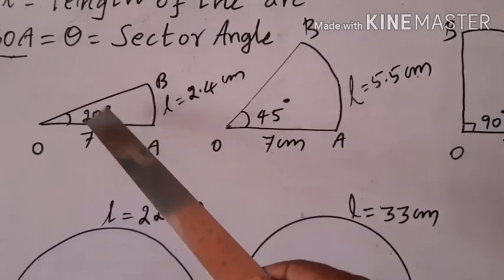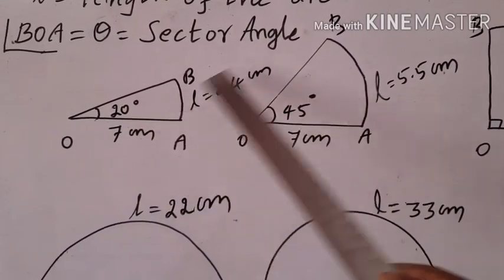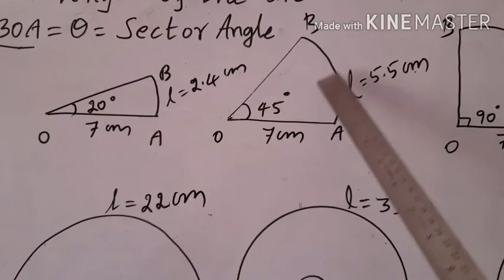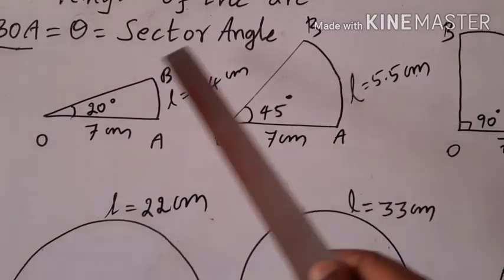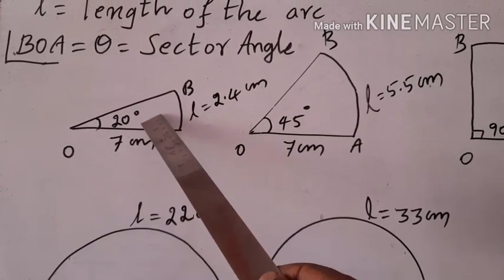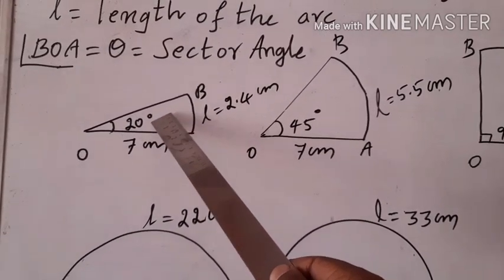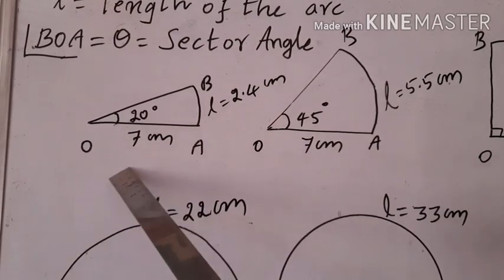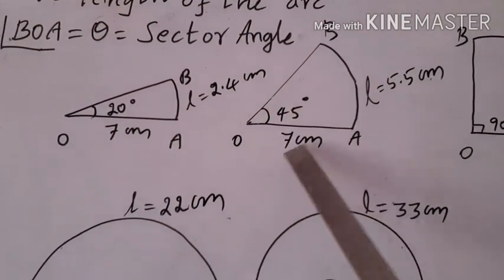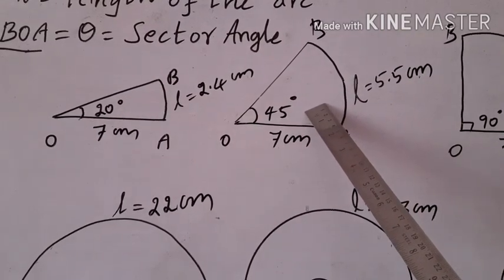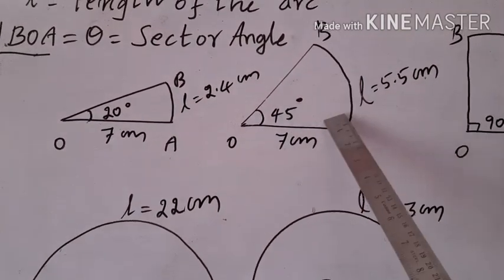If we compare the areas, the sector with central angle 45 degree has more area than the sector with sector angle 20 degree if the radii are same. It means as the sector angle increases, the area of the sector increases.